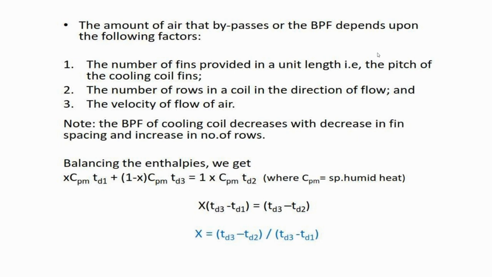So combiningly we will get x Cpm TD1 plus (1 minus x) Cpm TD3 is equal to 1 into Cpm into TD2, where Cpm is the specific heat. Now solving, we get x is equal to (TD3 minus TD2) upon (TD3 minus TD1), where TD3 is the coil temperature, TD2 is the outlet temperature, and TD1 is the inlet temperature.